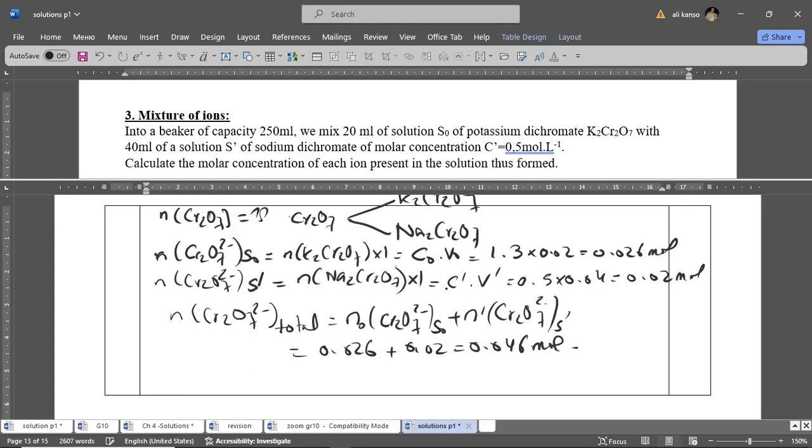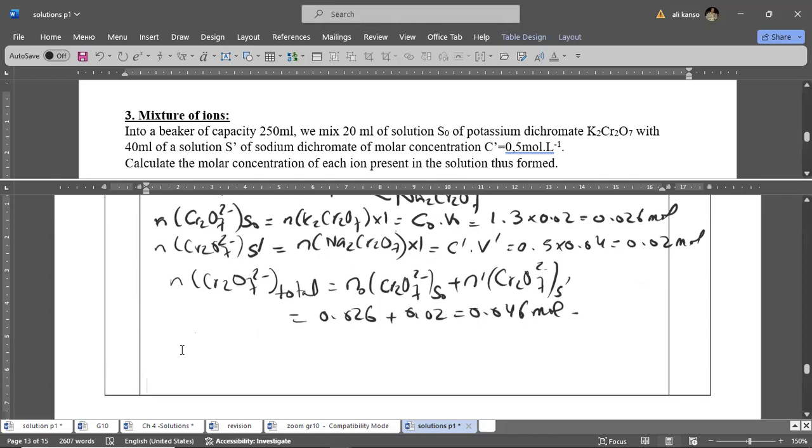To find the concentration, just divide the number of mole you calculated. The concentration of Cr2O7 2 minus equals N of Cr2O7 2 minus total over the volume total.